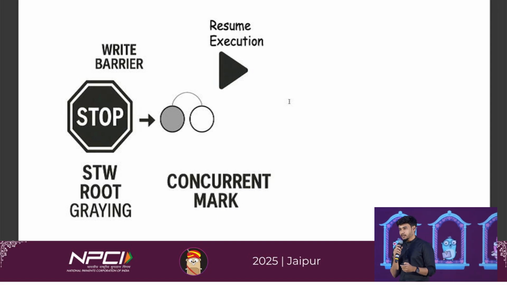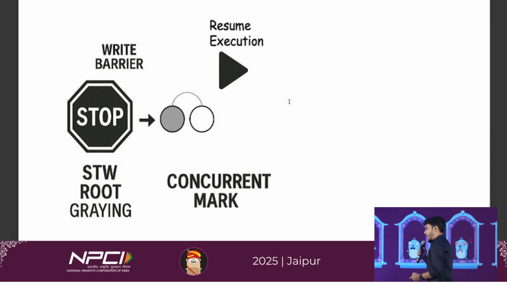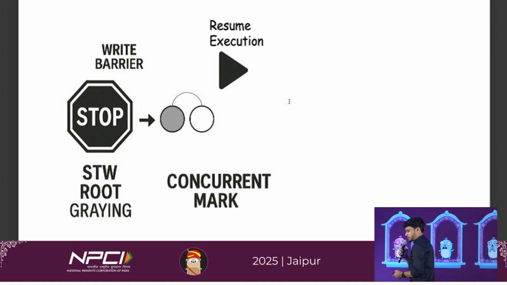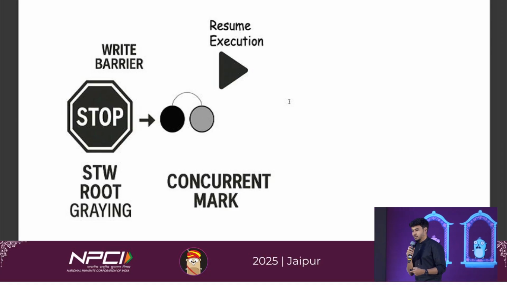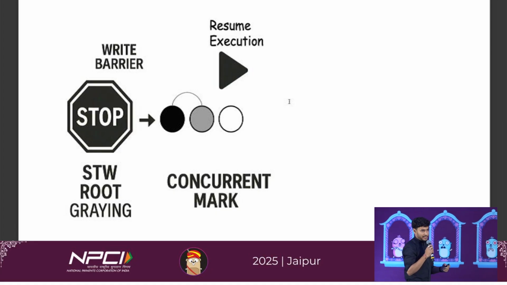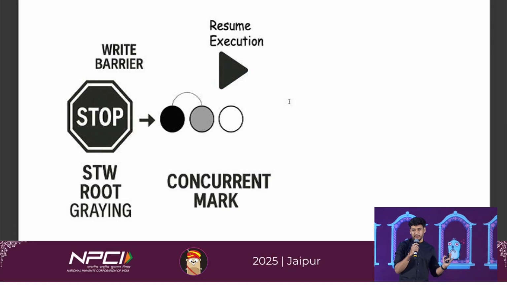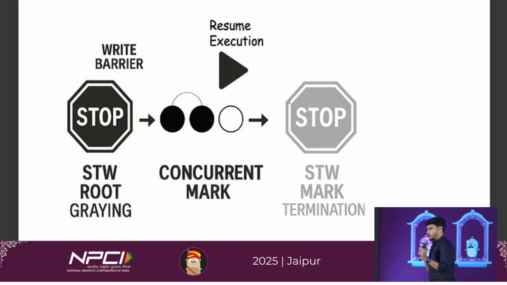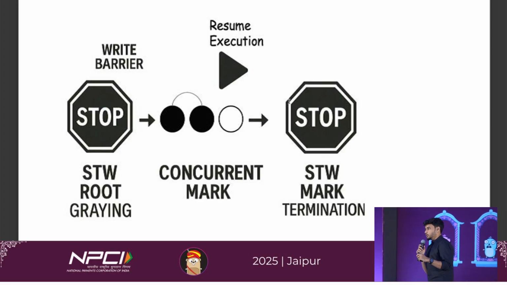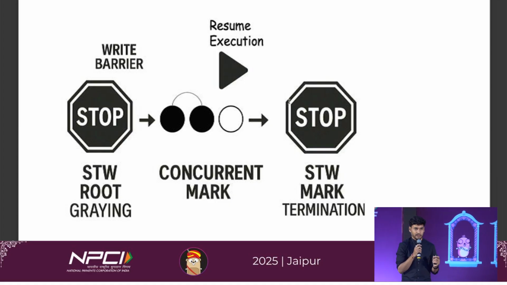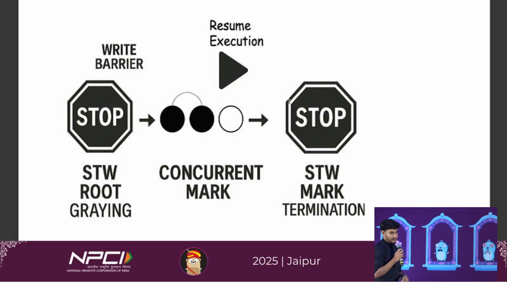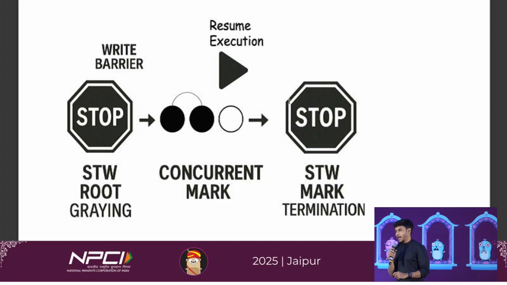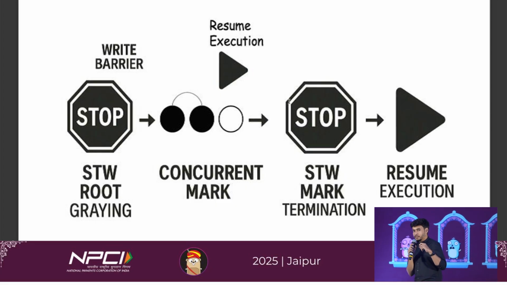So this gray element is painted black, and any element it points to is painted gray. Once this step is done, there is a last phase in the mark step. We pause the application for a very small time again to ensure correctness and ensure that no gray elements are left. Once that is done, we resume the program again, and the next sweeping step is done concurrently.